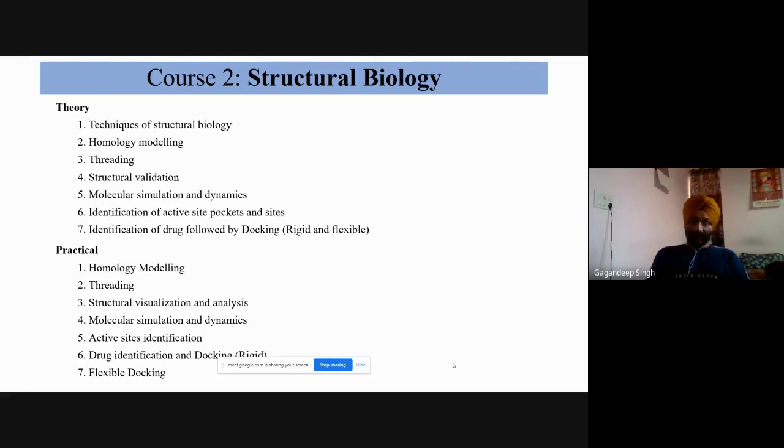But firstly, we have to be very clear that no previous structure related to that protein is available. We'll model new proteins for three-dimensional structures, and we will identify their active sites, followed by drug designing and docking. There are types of docking, that is rigid docking or flexible docking. We'll do all these things in the structural biology course.